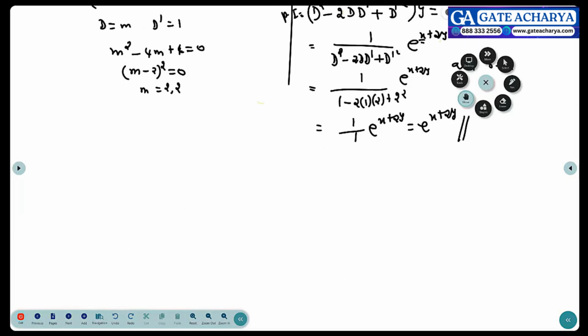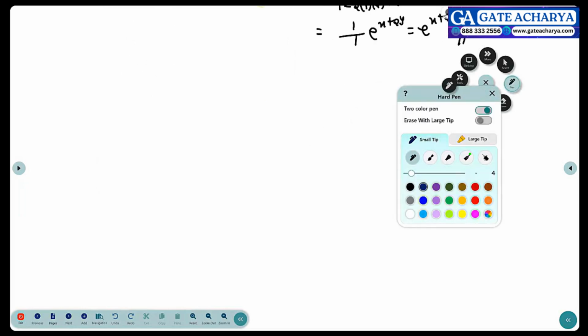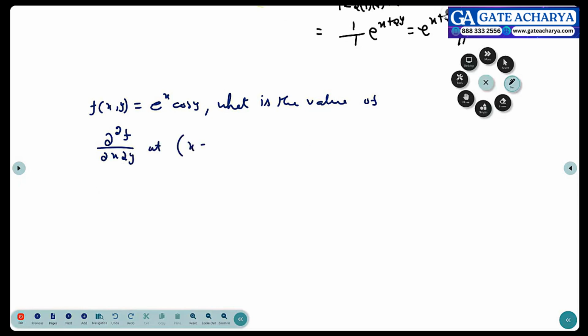That is a GATE question. For the function f of x comma y equal to e power x cos y, what is the value of dou square f by dou x dou y at x equal to 0 and y equal to pi by 2?